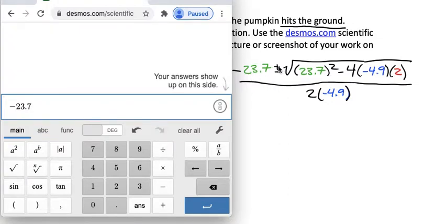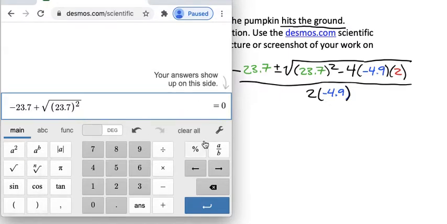And then we're going to do this in 2 steps. We're going to do the plus first, and then we can easily switch to the minus. So we'll start with the plus. We can't enter the plus or minus symbol in the calculator, but we can do them one at a time. And then we have the square root, and then we have 23.7. There's a button for squared, so I'm going to square that.